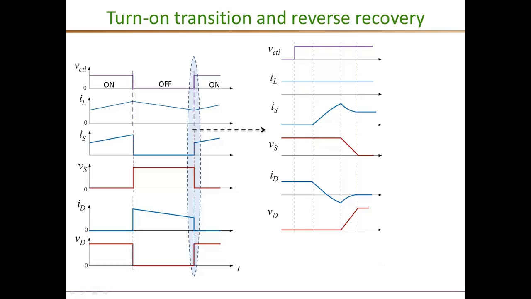But a real practical diode has the reverse recovery phenomenon, whereby the current continues in the negative direction till all the minority carriers are either recombined or swept by the reverse current. This peak value is the peak reverse recovery current, and the area under this negative portion is the reverse recovery charge.